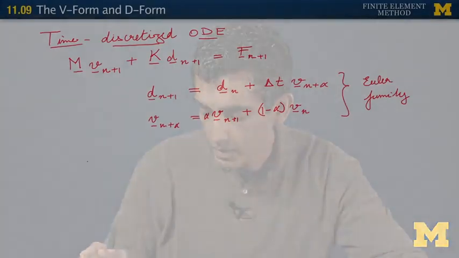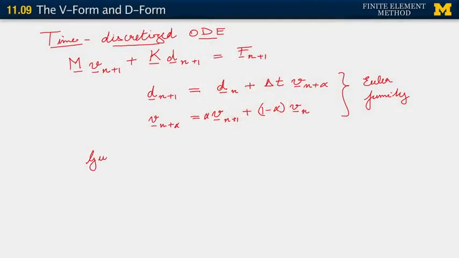All of this, of course, is to complete our specification of our time discretized form of the ODE. With all this, we are given the initial condition, and that initial condition is d0. We know what we mean by d0; in the previous segment, we explicitly said what d0 is.